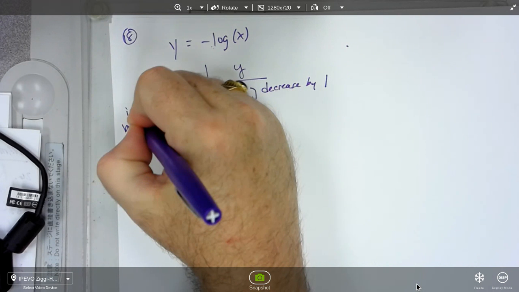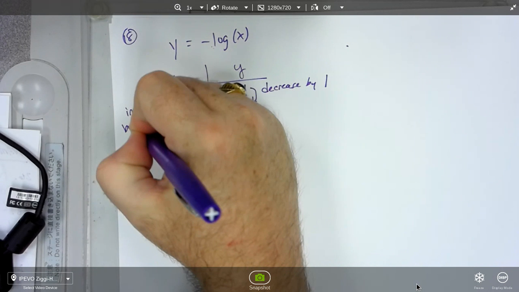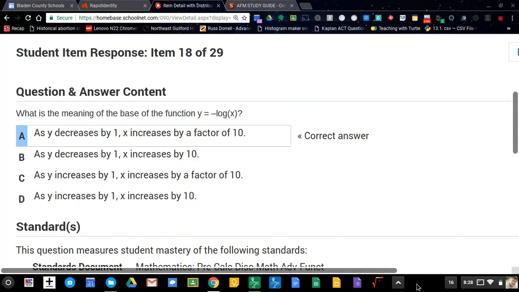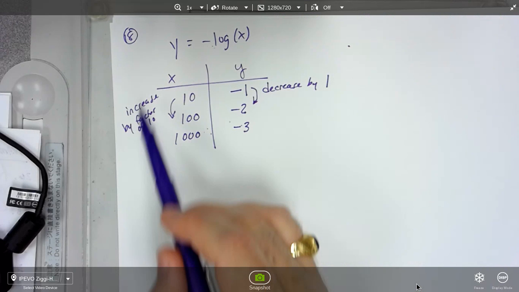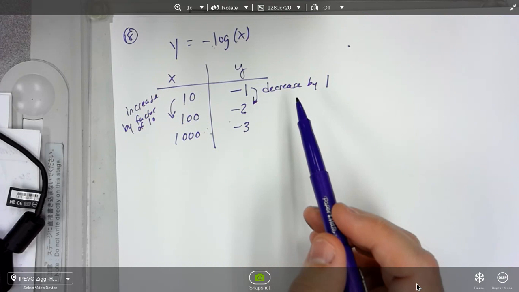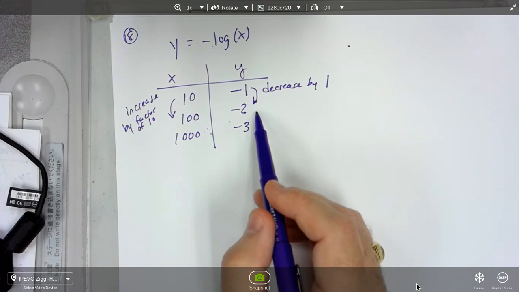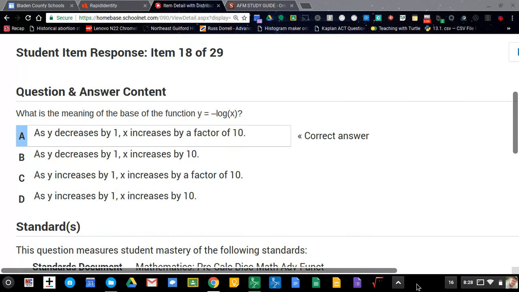Yeah, by a factor of 10. And then you go back over here. As y decreases by 1, x increases by a factor of 10. So again, all I need to do is create a short table of values and then look at what's happening here with x and y and compare it to the statements that are being made. Okay? And that's just pure observation.